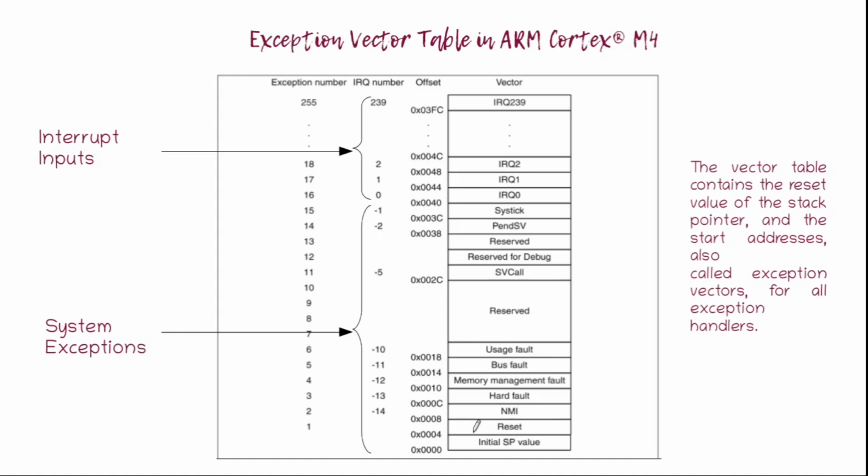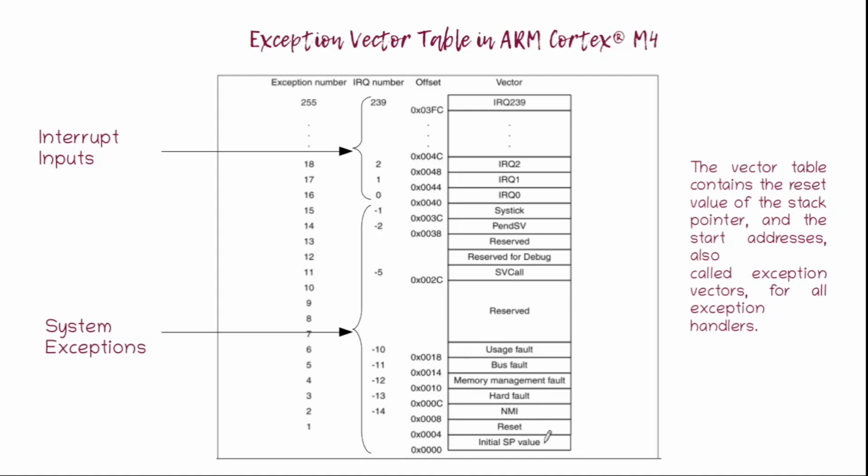As we can see, each area of the exception vector table is 4 bytes long, that is a word, so the address jumps by 4. As you can see, it's 0, 4, 8, C, 10, in hex.